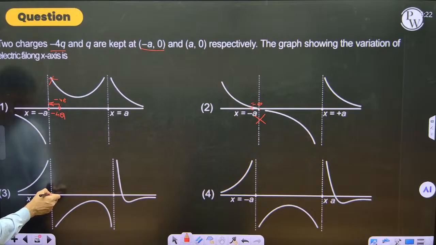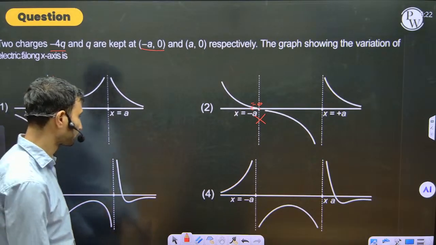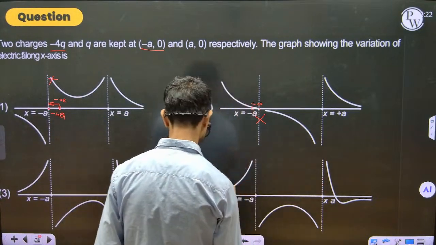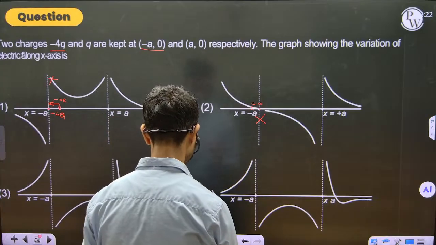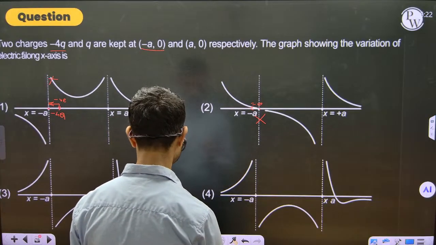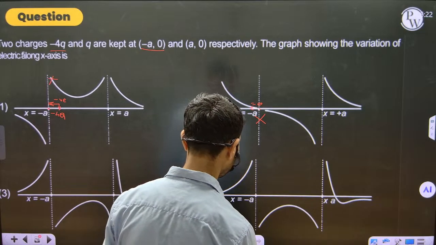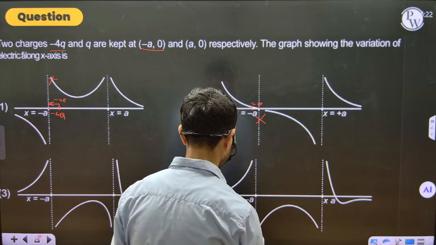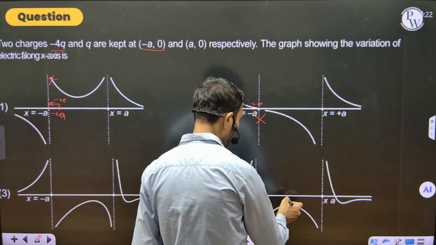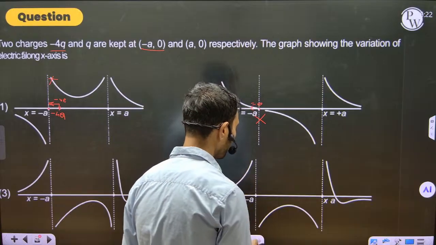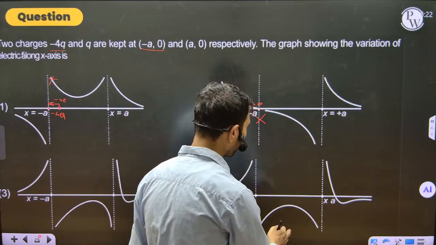Okay, let's first see here. Here the electric field is zero, becoming minimum at this point. But in between, the graph cannot be symmetric, right?